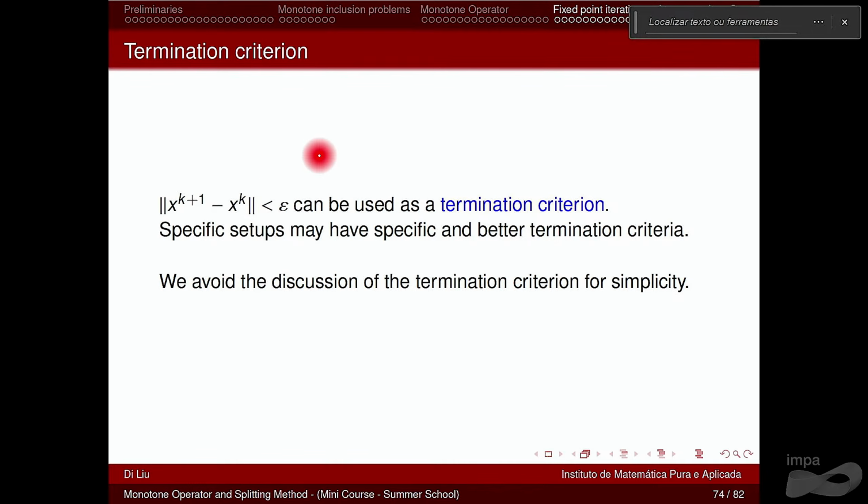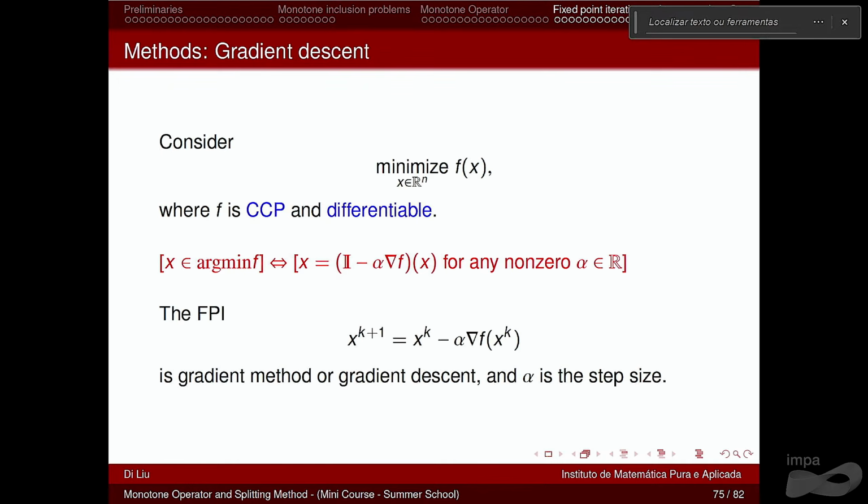So we can use this fixed point residual to measure whether the sequence converges and how far the sequence is from the solution set. Of course, you can use some other kind of stopping criteria, but this could be a general stopping criterion.